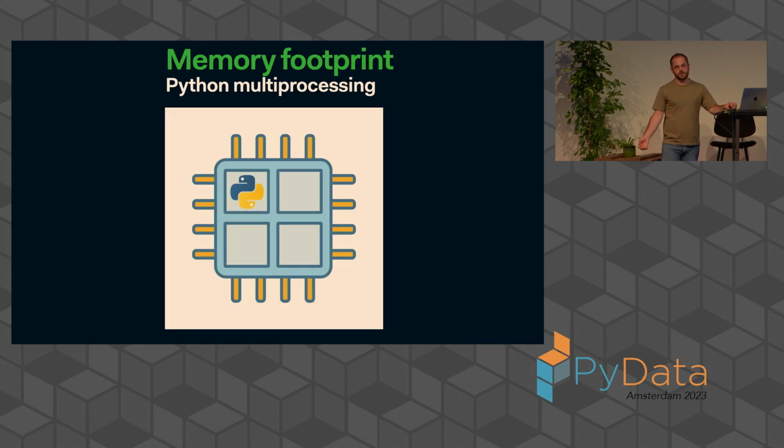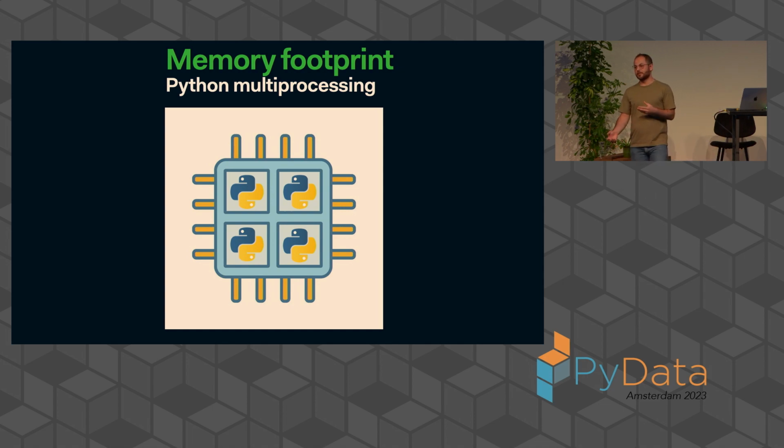Another thing about memory footprint is Python itself. When we put our models online, we want to do some sort of parallelism to efficiently use all our resources. So you probably are going to package your model in some server, put it online, and you want to use your cores efficiently. You don't want to do this. You want to properly use all the cores.